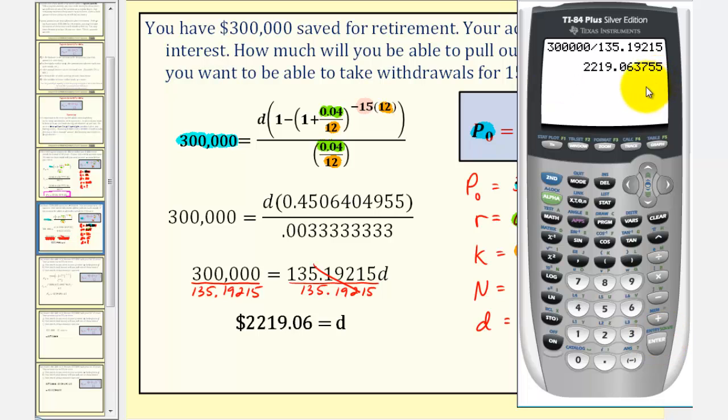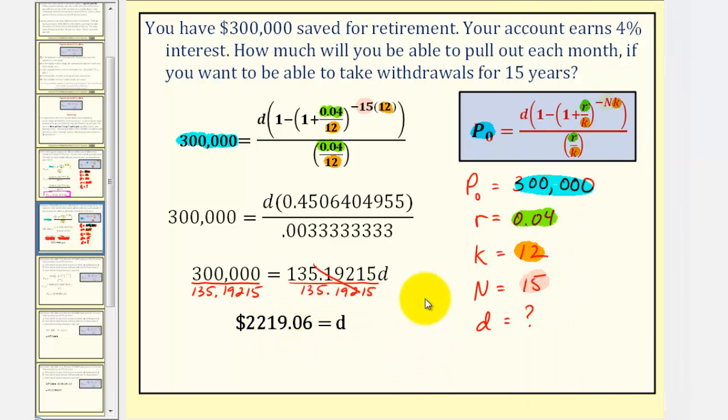Rounding to the nearest cent, D is equal to $2,219.06, which means under these conditions, you'd be able to withdraw $2,219.06 every month for 15 years.